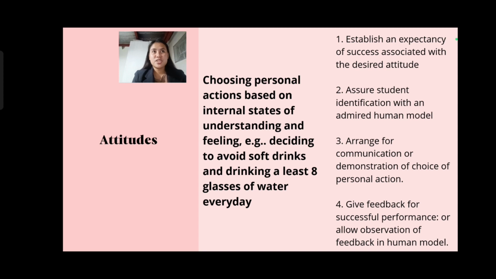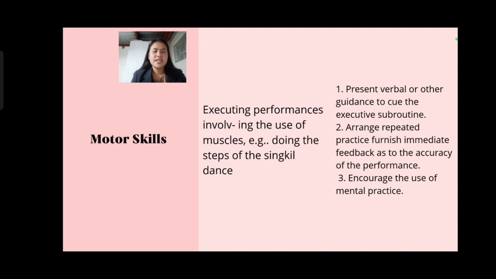So, as a future teacher, if we observe good behavior in the students, we compliment them or give feedback, that's good, that is good to follow, because what's important in a person is their behavior, attitudes. So the next, or the last one, is motor skills.